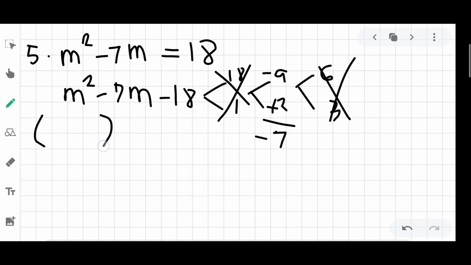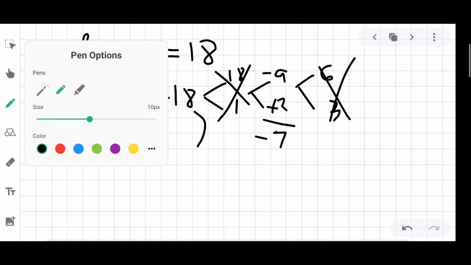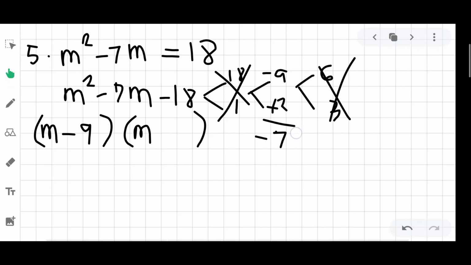Ngayon, pwede na tayong mag-factor. Since we are dealing with the literal coefficient m, variable m, yun ang gagamitin natin. Copy, negative 9, ilagay natin dito. Copy, positive 2, susulat natin dito.